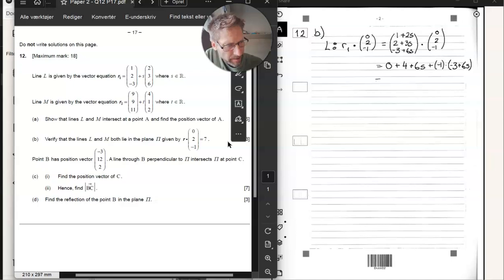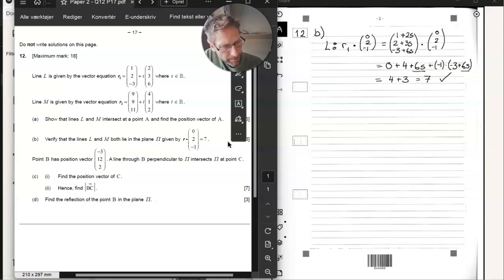And what is that? Well, the 6s and the minus 1 times 6s cancel out. So what do we get? We get 4 plus 3, which is surprisingly 7.